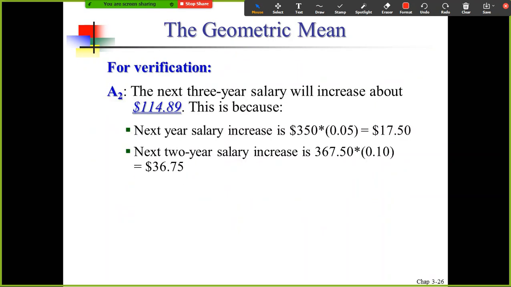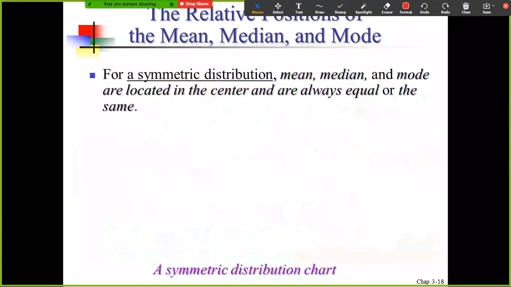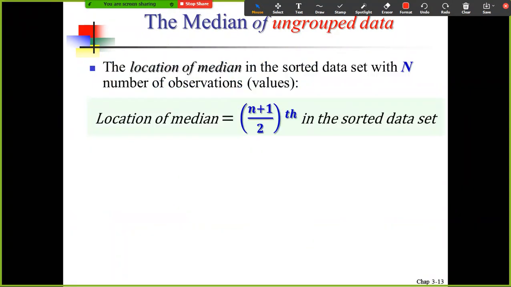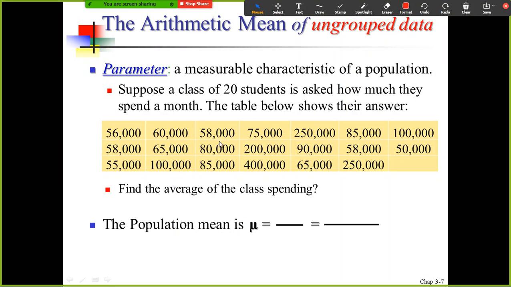Ungrouped data refer to any data set that is not yet classified, grouped, or categorized into a frequency distribution table.